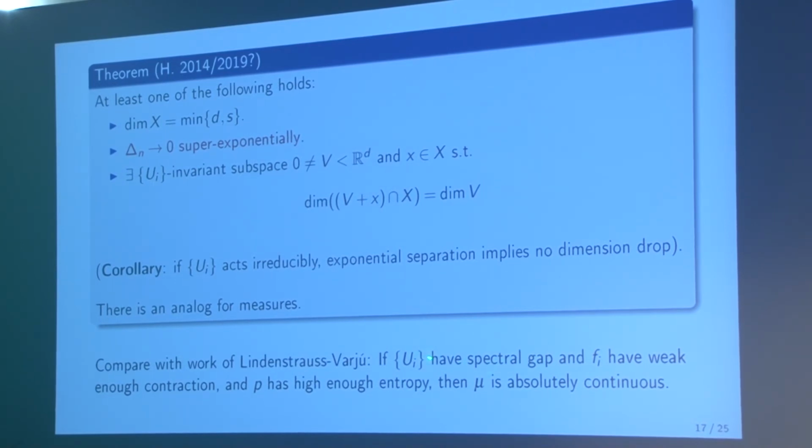So under strong enough information, you can improve this statement from full dimension to smoothness. But there's still quite a gap between the assumptions you need for smoothness and those you need for full dimension. And we also don't know how to establish spectral gap in most cases.